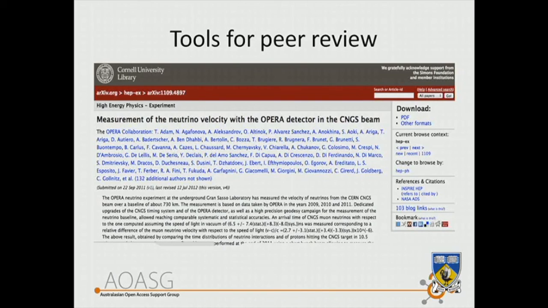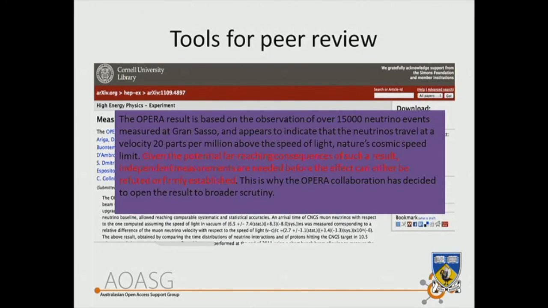And these authors posted it on arXiv.org, and then they put up this text which says, given the potential far-reaching consequences of such a result, independent measurements are needed. Yeah, you kind of think so, wouldn't you? So they basically were asking for this to be looked at, to be replicated, to be analysed, and for somebody to tell them where they went wrong.